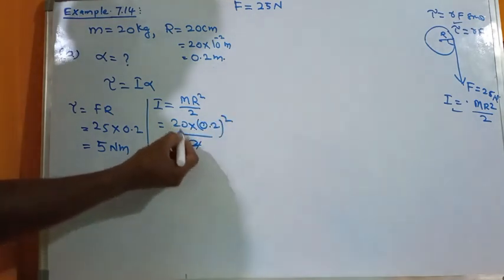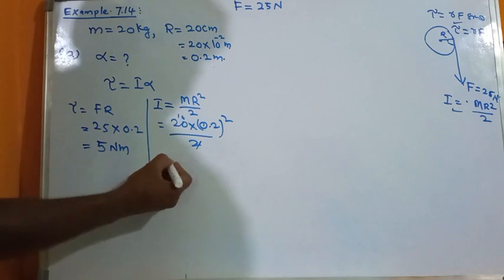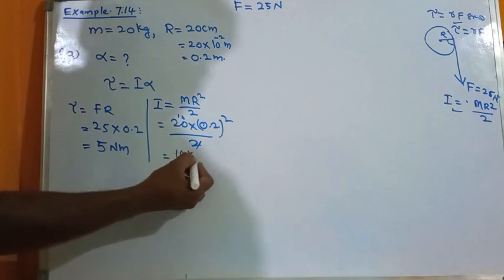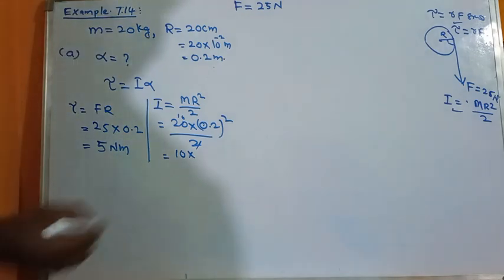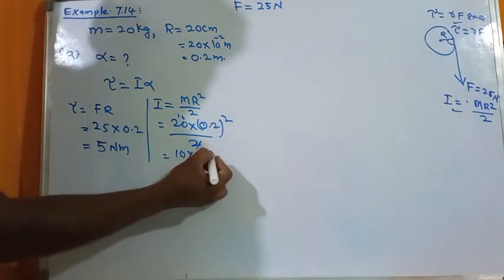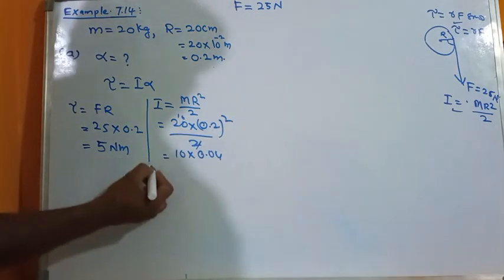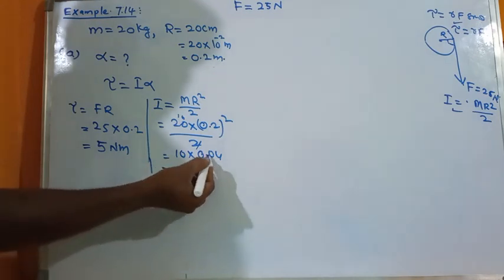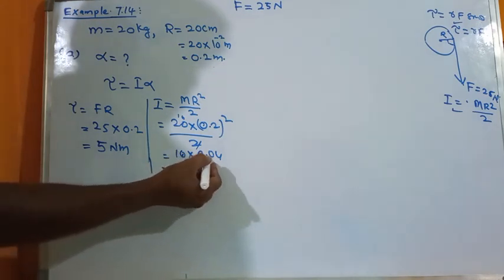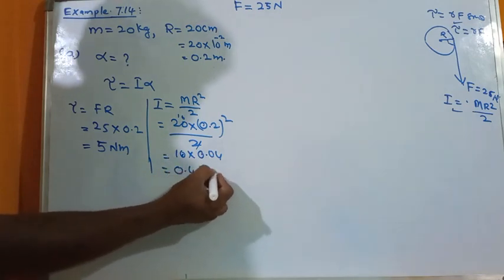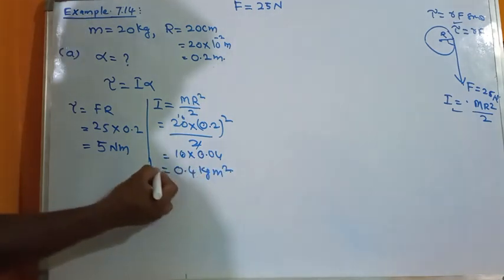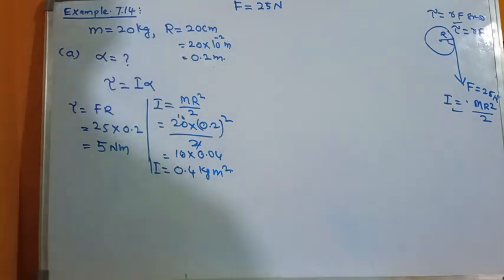So 2 tens are 10 into 0.2 square, that is 0.04, and it is equal to 0.4 kg meter square. This is our moment of inertia of the flywheel.